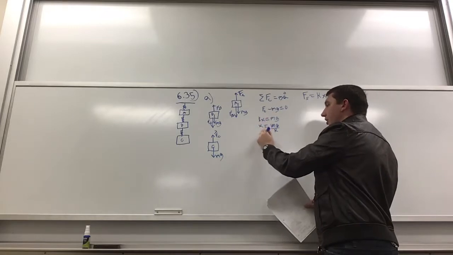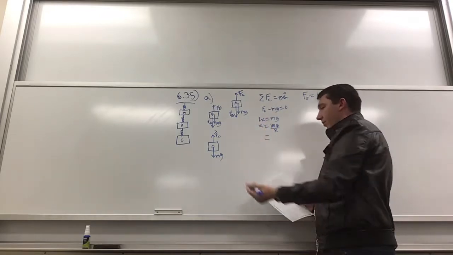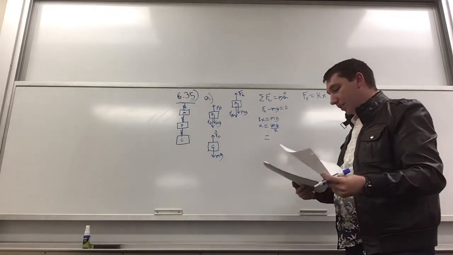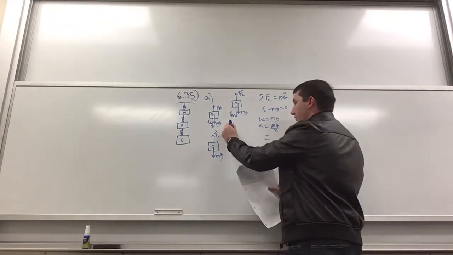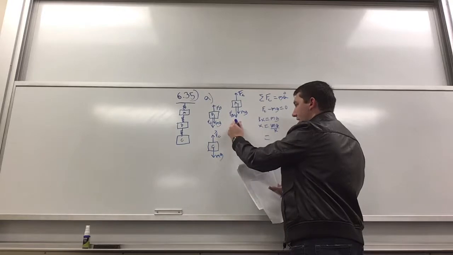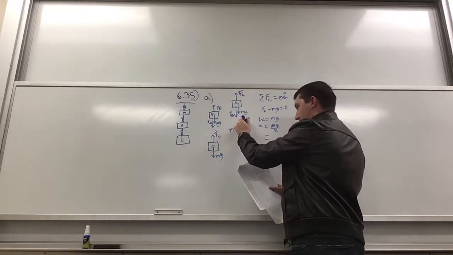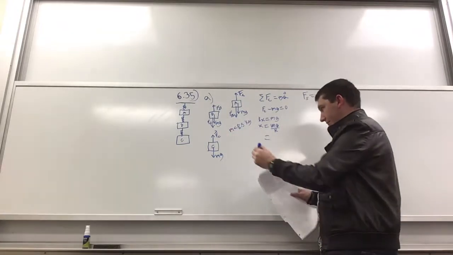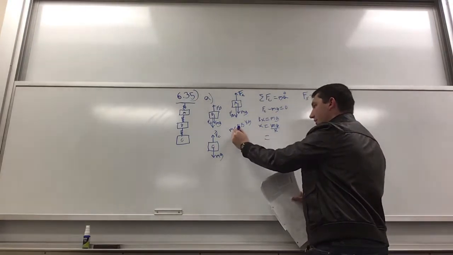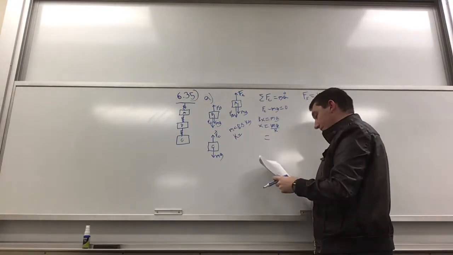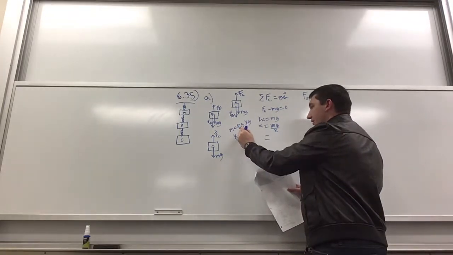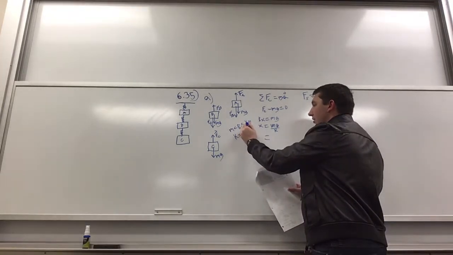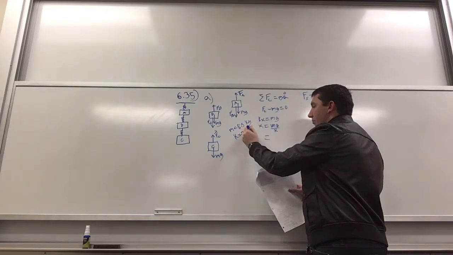And then when you plug your numbers in, we know that all of the blocks have an identical mass. So the mass is equal to 8.5 kilograms. And we know that k is going to be equal to 7.8 kilonewtons per meter.